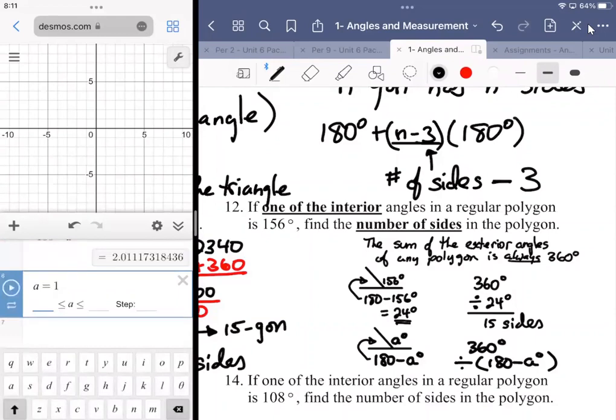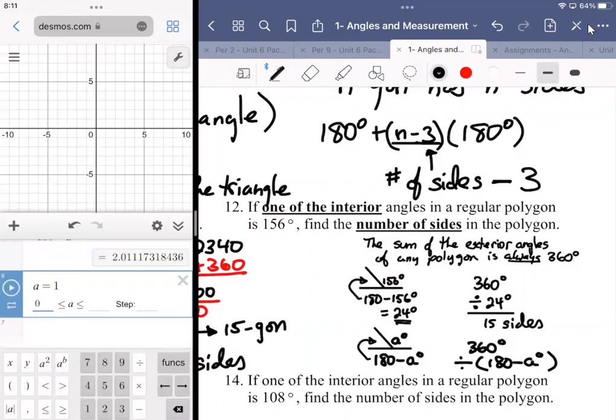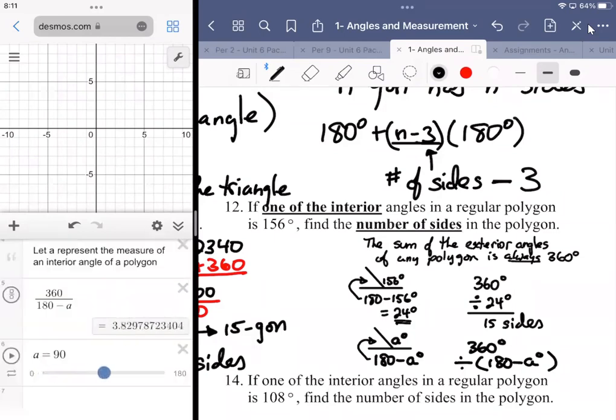It's got to be bigger than 0, and it's got to be less than 180. They don't have less than here as an option, so I'll just use 0 and 180. But an angle could be a decimal value. I just don't expect it to be, but it's possible. So I'm fine just leaving the step blank and letting it be decimal values if it comes up that way.